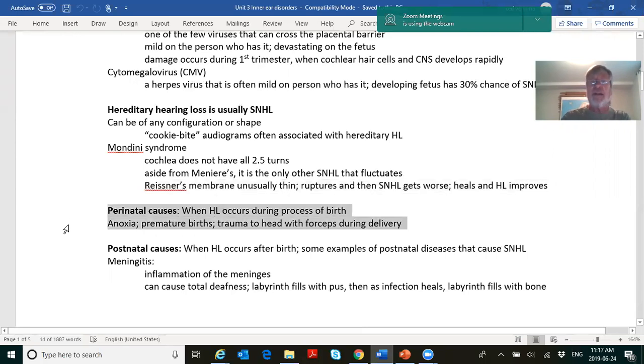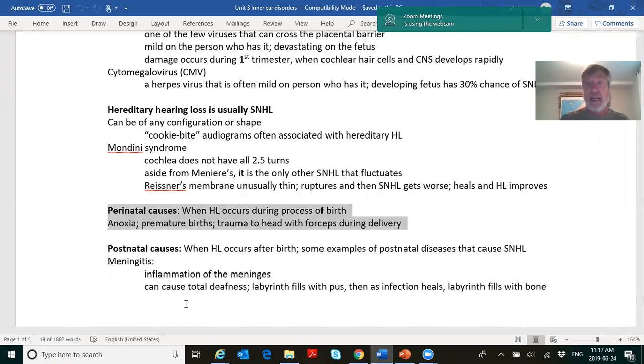Anyway, perinatal. That means during birth, and that's usually anoxia. Umbilical cord wrapped around the neck of the baby. Baby's not getting enough oxygen. Trauma to the head with forceps during delivery. That's nasty. But anoxia, lack of oxygen. Remember, the cochlea is a gas hog. It's like a Hummer.